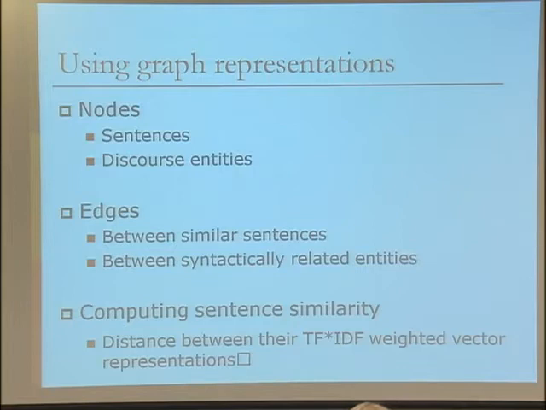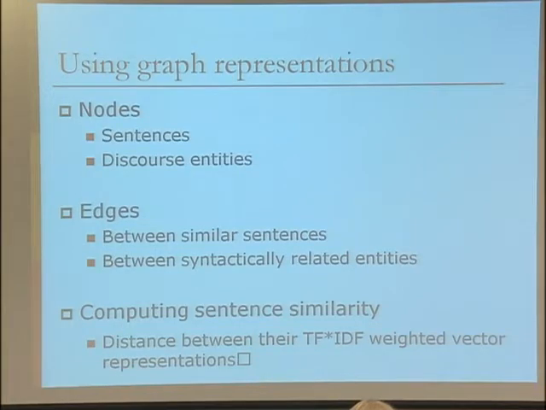What are the edges? You can compute them using sentence similarity, and again you would be using TF-IDF to weight your vectors. So you're getting more complicated, but you're still using these first counting techniques that people came up with.